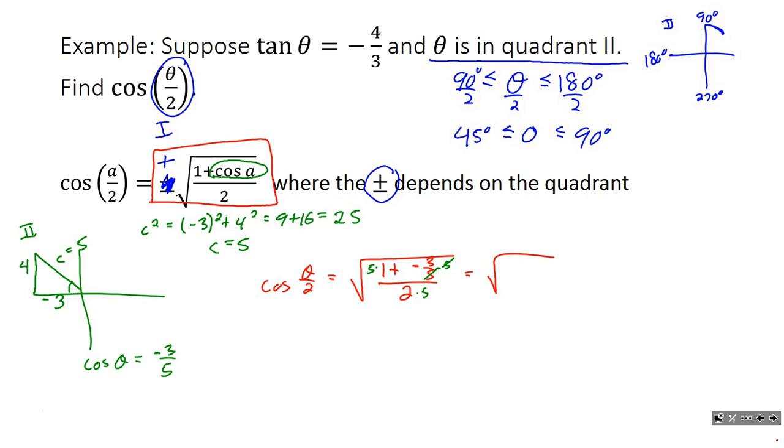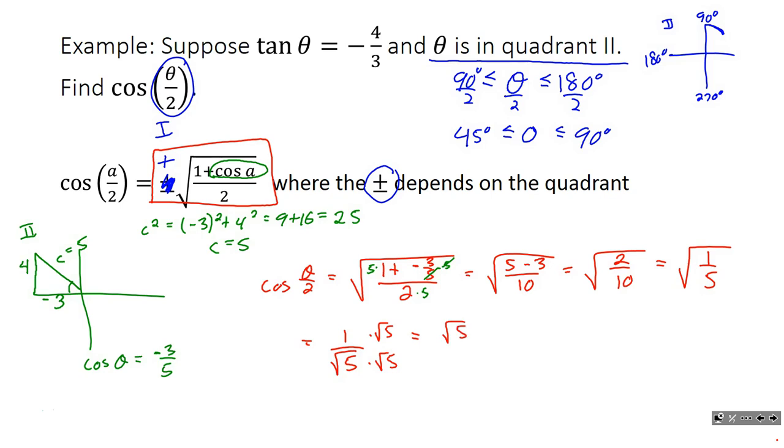And we'll have the square root of 5 minus 3 over 2 times 5, 10. Square root of 2/10, which can be reduced to 1/5. Just a little more work to go. In the numerator, the square root of 1 is just 1. Denominator is still square root of 5. And then you can go and rationalize the denominator and you'll get the final answer, square root of 5 over 5.